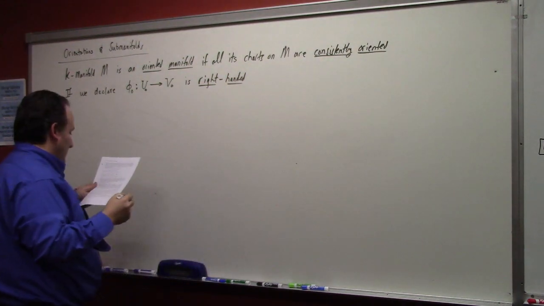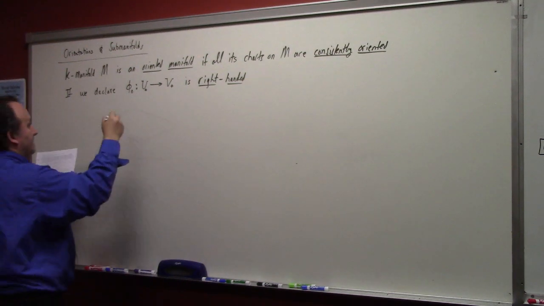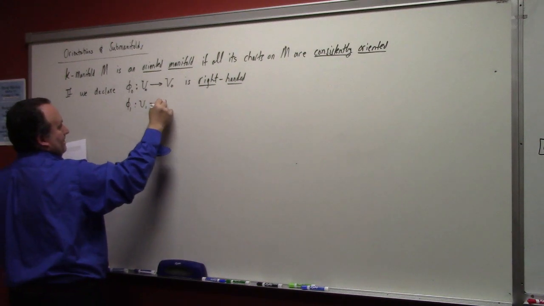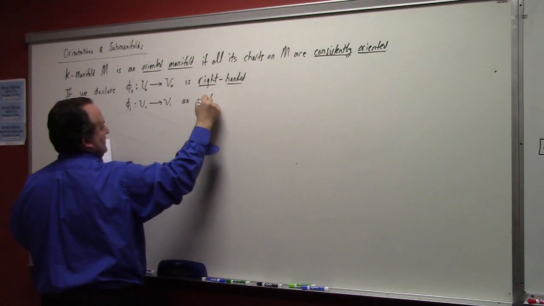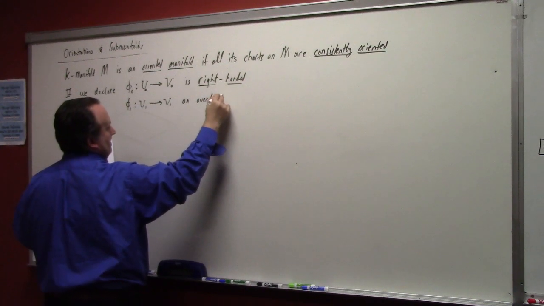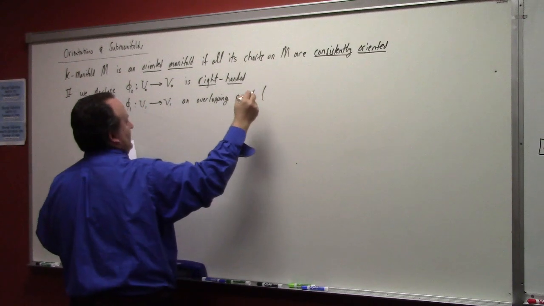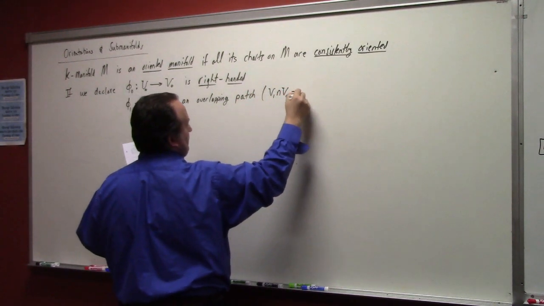Then any overlapping patch phi 1, so what does it mean, overlapping? That would mean that V1 intersect V0 is not empty, right?